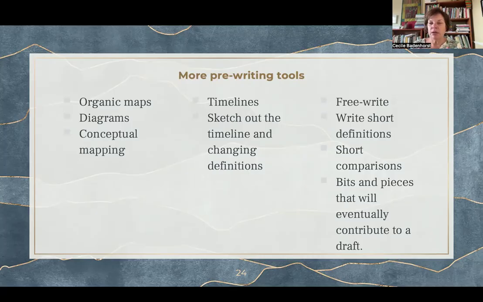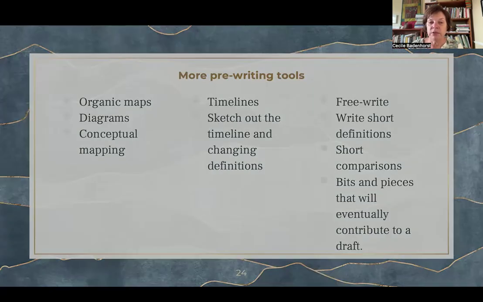So these are knowledge-based elements. You're building these bits and pieces. You can do small comparisons, write a paragraph comparing the two. All these little bits and pieces will help you write the draft when you come to writing the draft. Rather than starting from nothing, you're starting from a lot of information there.